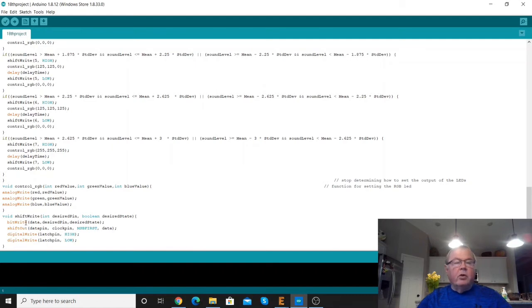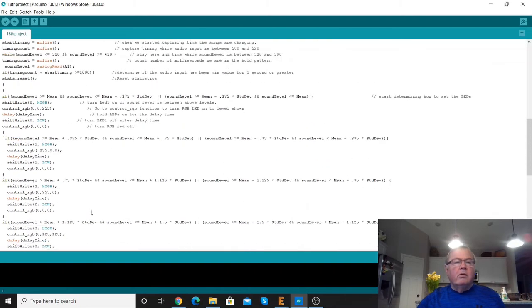That's how we're controlling the shift register to get the proper pin on the shift register to shift out to the pin 7 and make it a high. And then we've got a digital write of that latch pin, shifting it high and then going back low to shift what we've put into the shift register to the output. So that's how the shift right function that we've written works.